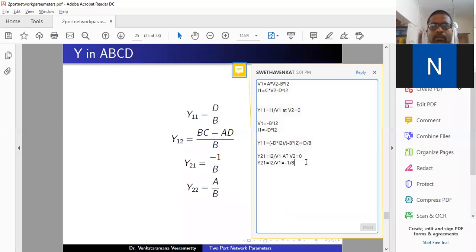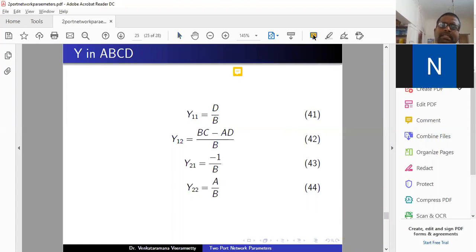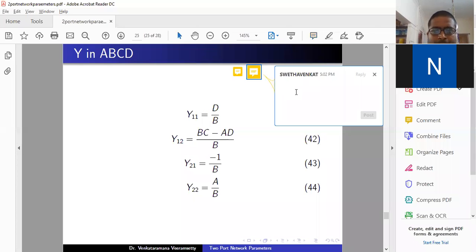Good. So later, now I want to calculate Y12 and Y22 in terms of the ABCD parameters again. Since we are going to find them in terms of the ABCD parameters, you have to use the first two equations as they are, the ABCD parameter transmission equations.